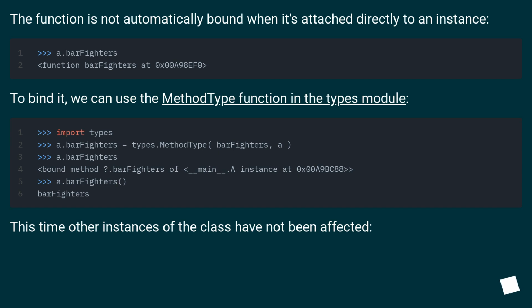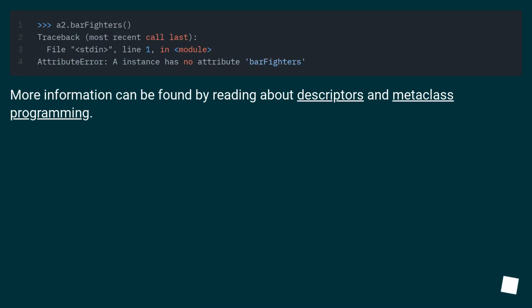To bind it, we can use the method type function in the types module. This time other instances of the class have not been affected. More information can be found by reading about descriptors and metaclass programming.